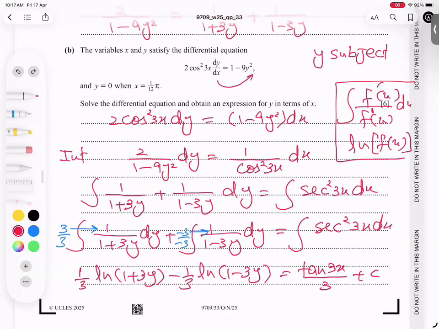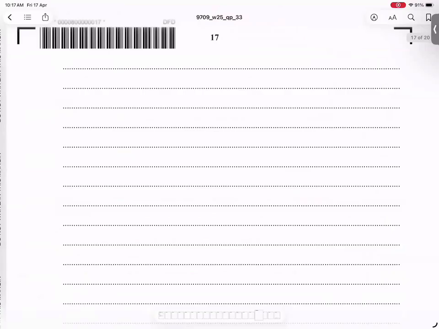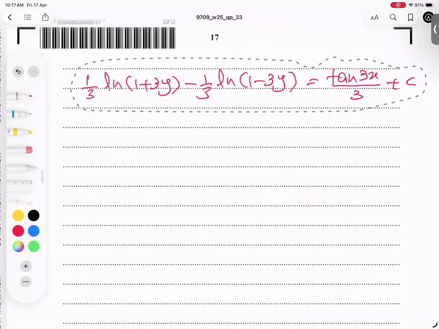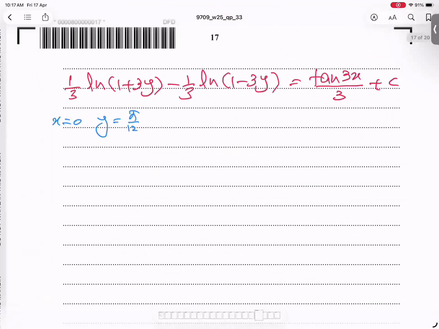Now we can shift this equation and look at the parameters we have. What are the values given? Go back and check it again.